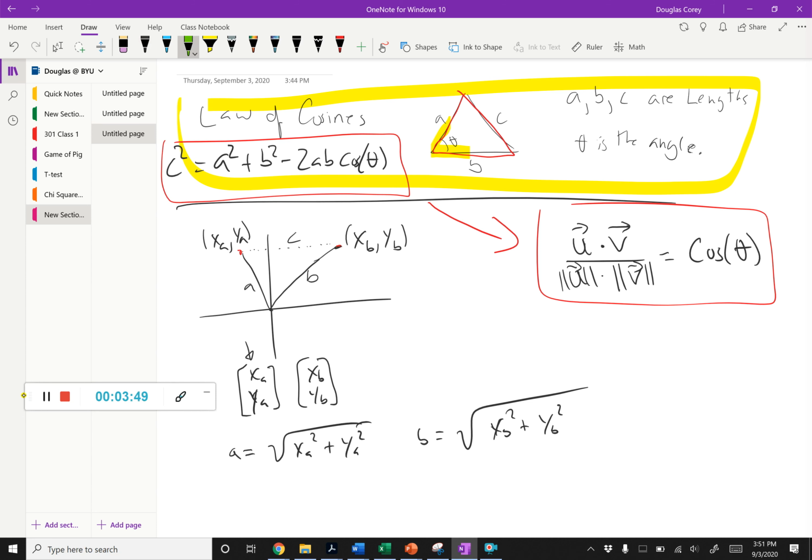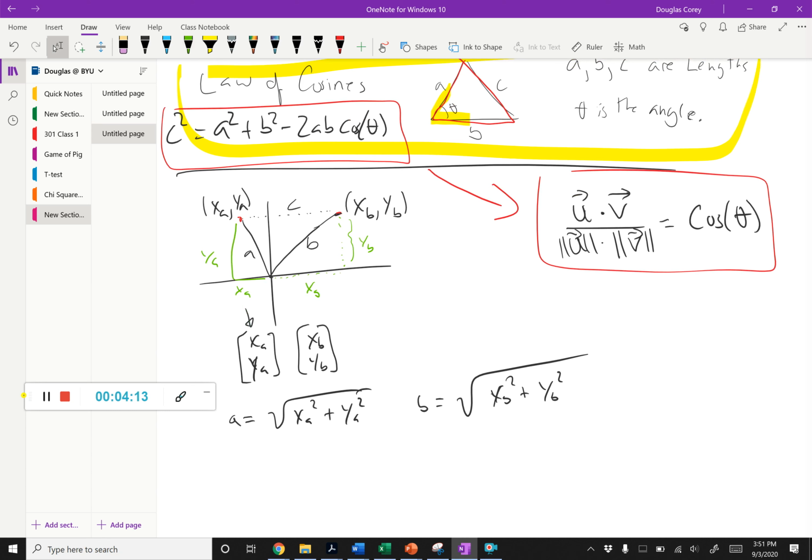The reason is that if I take the x component and the y component, this distance here is x sub b, this distance here is y sub b, this distance here is x sub a, this distance here is y sub a.